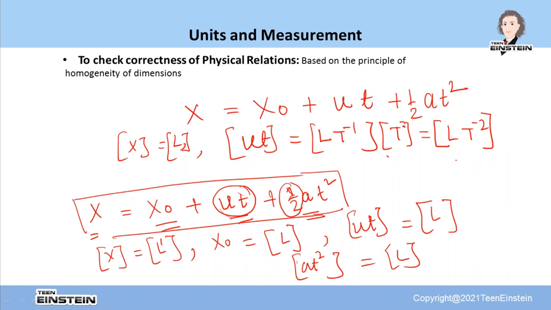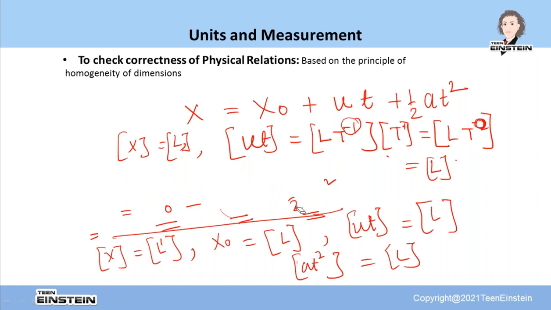Oh, I'm sorry, not minus 2, this has plus 1. So this is T to the power plus 1, this is T to the power minus 1. According to the formula for index, it will be T to the power 0. So L T to the power 0, that means it has dimension of length.